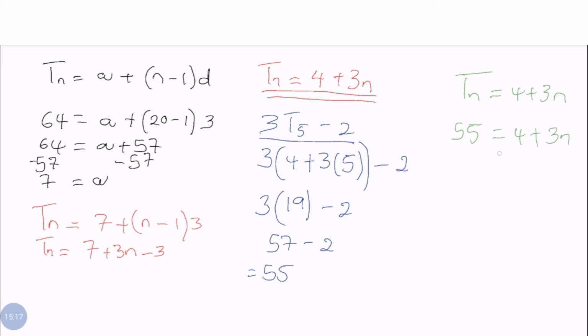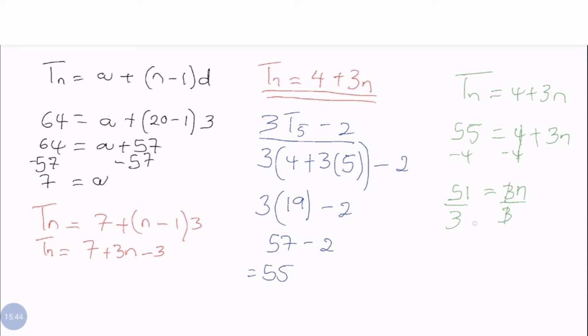We take the 4 from the right hand side to the left hand side by subtracting on the right hand side and subtracting on the left hand side as well. This will cancel such that 55 minus 4 is equal to 51, equal to 3n. Divide by 3 on the left hand side as well.